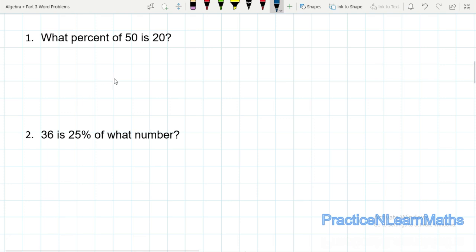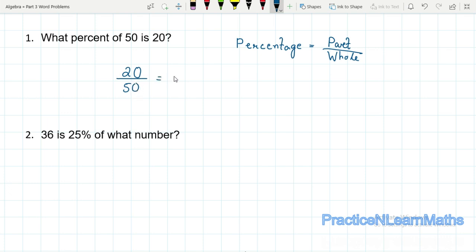What percent of 50 is 20? Now, percentage, as you know, you have learnt earlier, percentage is equal to part over whole. Now, 20 over 50, let the percent be x and whole is 100.